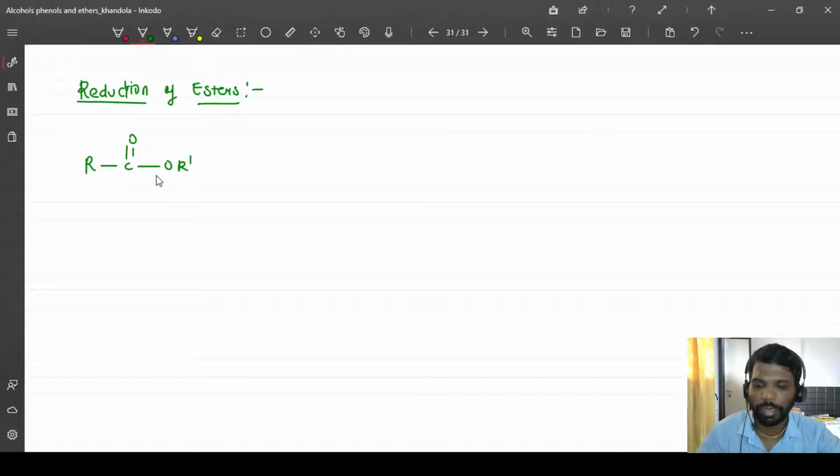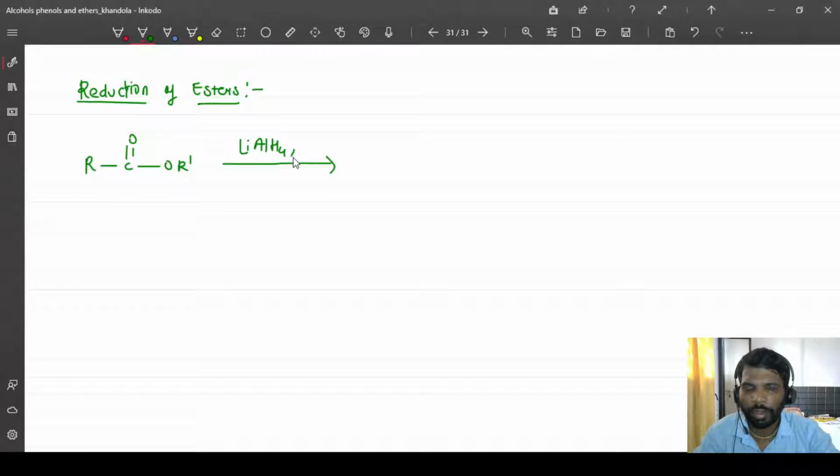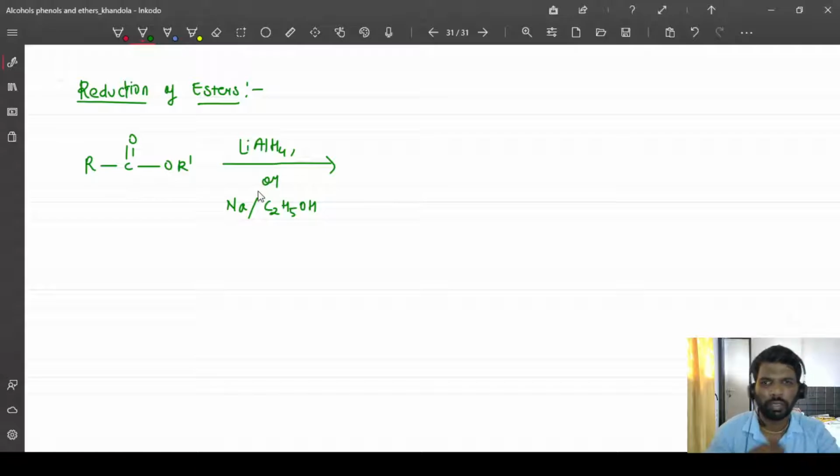Why I'm writing R dash is that this R and R dash may be same or may not be same. If I am doing the reduction of the ester, again the reducing agents which could be used are lithium aluminum hydride, or you can use sodium in the presence of alcohol, that is ethanol. Any one of the reagents is enough. There is no need to learn both by heart for the exam.